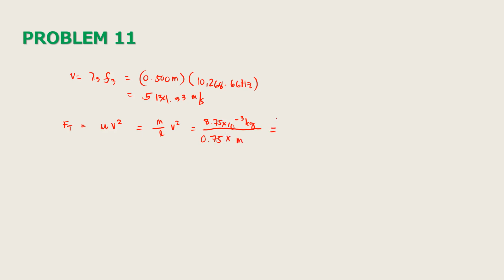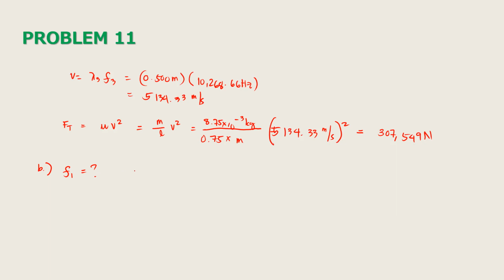So we have multiplied by the obtained value of v, which is 5,134.33 meters per second squared. So we obtained F sub T is equal to 307,549 Newton.